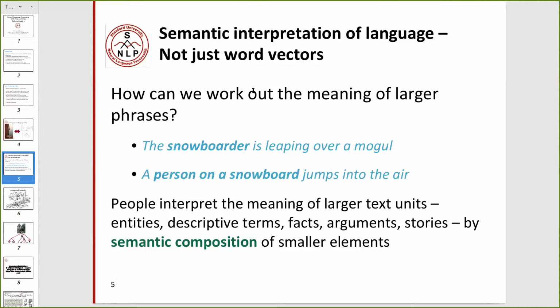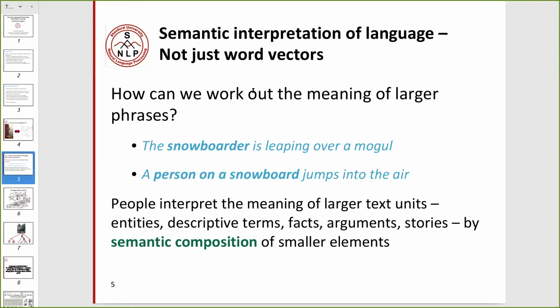So for people, the way it works is that we pick the entire sentence, and then intuitively we decompose things into smaller things, and we put them together and make sense of the entire sentence. Like in this case, a person on a snowboard jumps into the air. Different parts of this single sentence convey different meanings, and the way we understand the whole sentence is by breaking it down into different things.